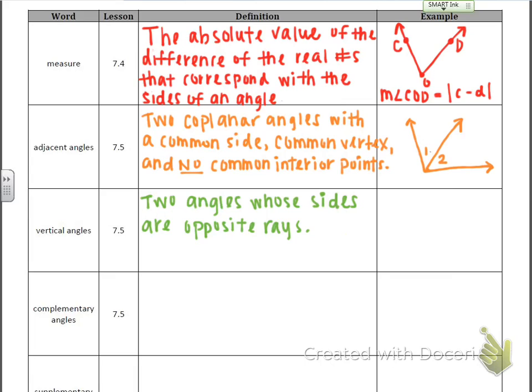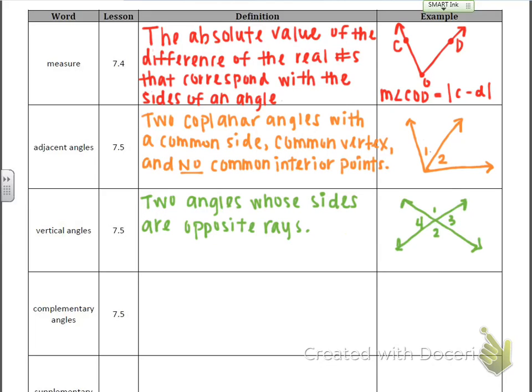So that means, let's do this. So let's do 1, 2, 3, and 4. Okay, so the vertical angles are the angles whose sides are opposite rays.